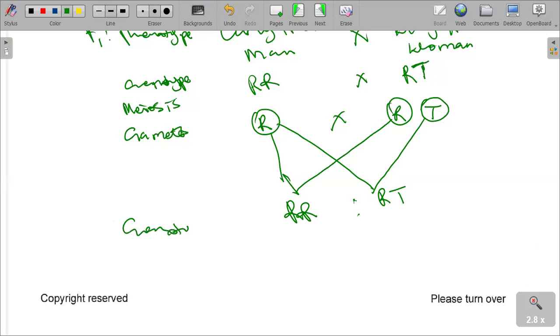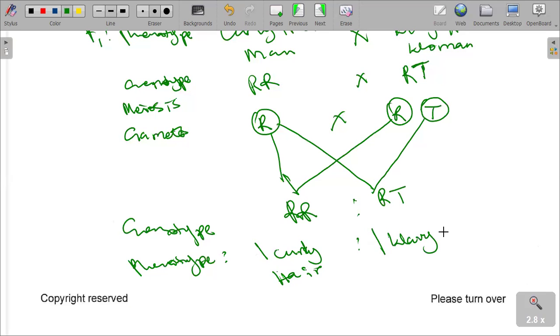This is our genotype. And then our phenotype: this RR represents curly hair, one curly hair is to one wavy hair.